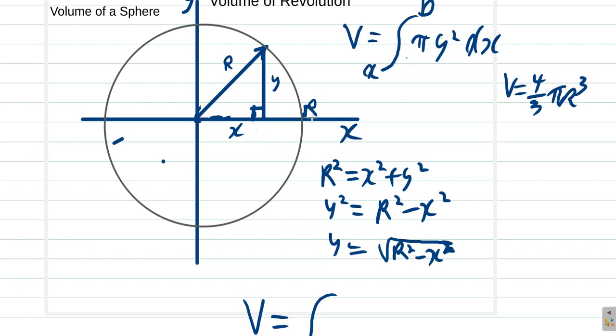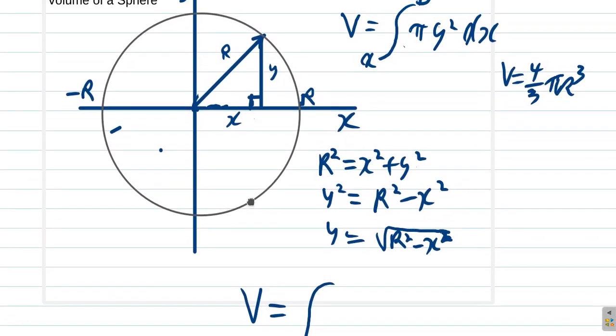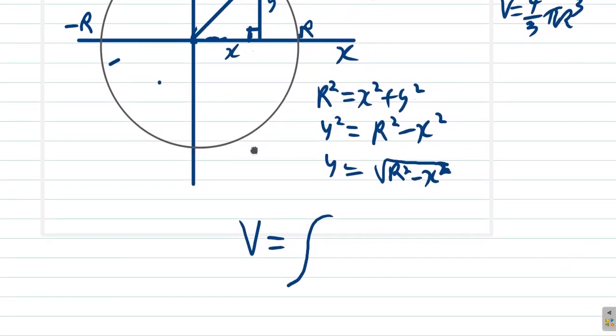From 0 to the right is radius. From 0 to the left, that's another radius, but this is over the negative side of the x-axis, so let's call it negative r. So we start at negative r as the lower boundary and end at r as the upper boundary.